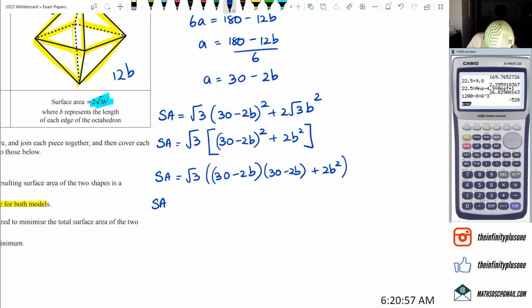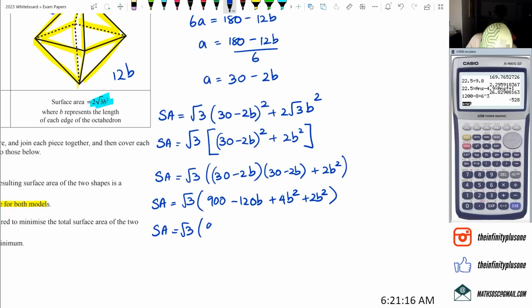So surface area is square root of 3. I've got 900 minus 120b plus 4b squared plus 2b squared. So surface area is square root of 3 times (900 minus 120b plus 6b squared).